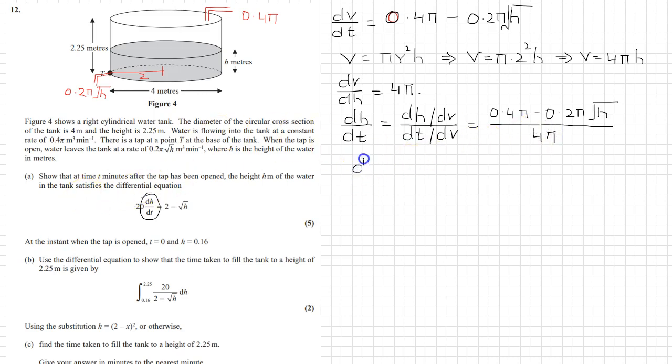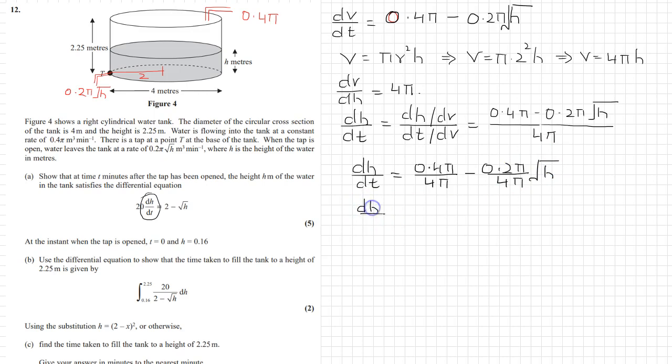So dh over dt is equal to 0.4 pi over 4 pi minus 0.2 pi over 4 pi root h.